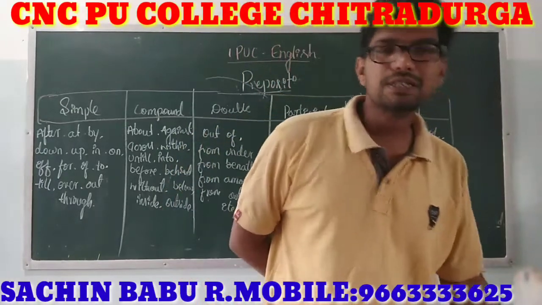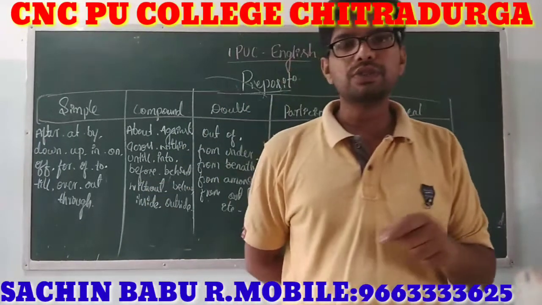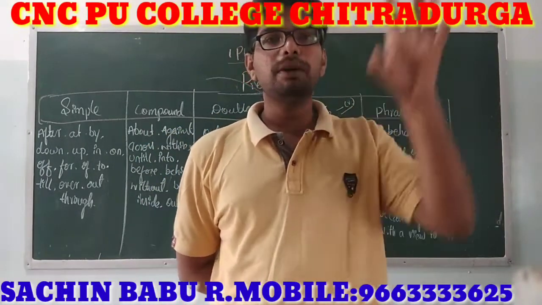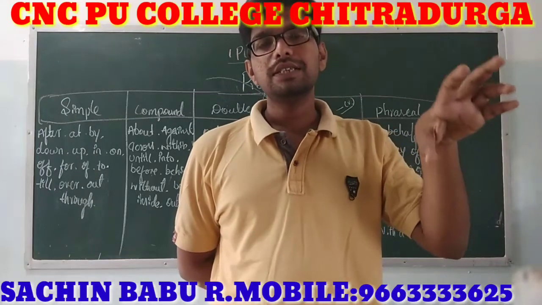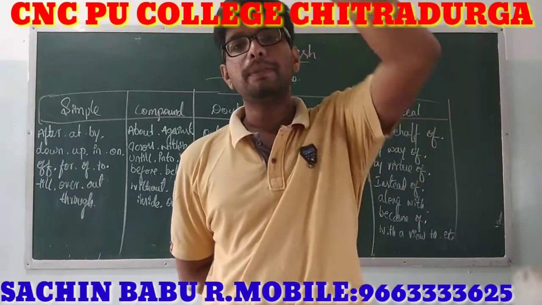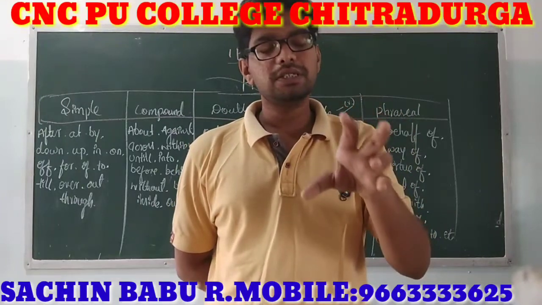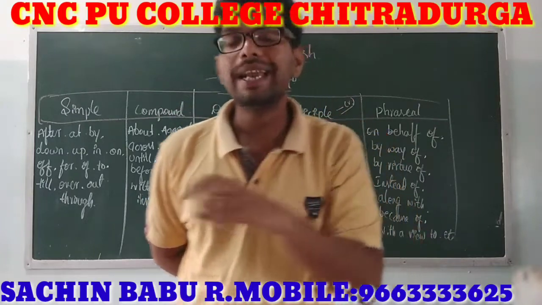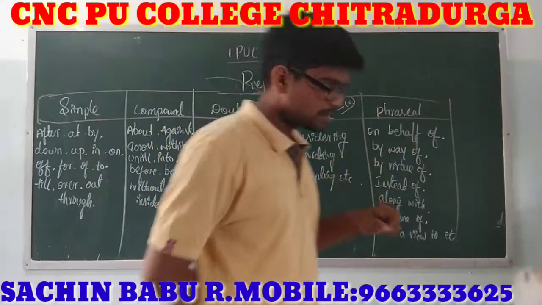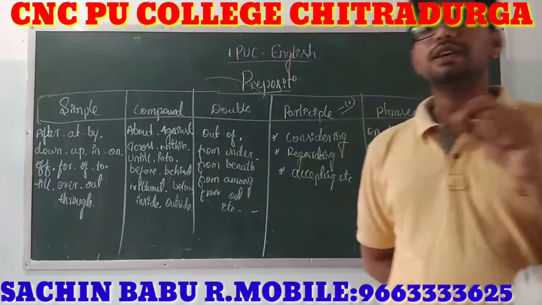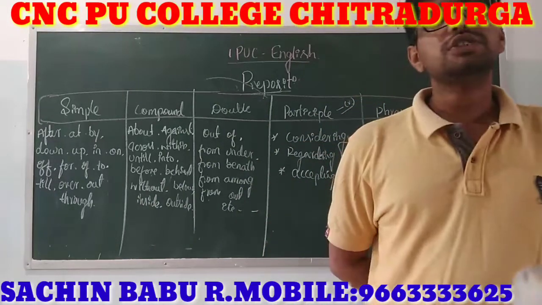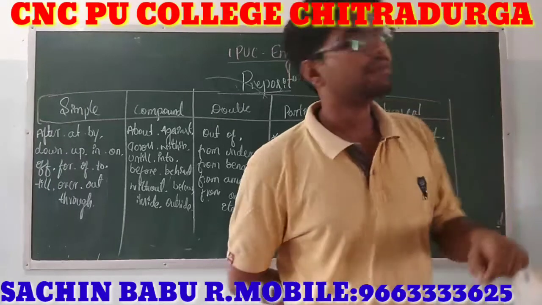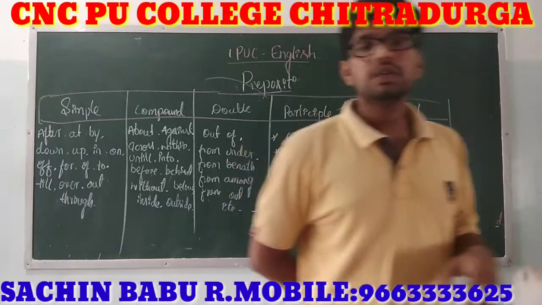Thereafter we discussed several examples, prepositions that depend upon time, place, and directions. Then I discussed the kinds of prepositions: simple, compound, double, participle, and phrasal. So this is all about the preposition.